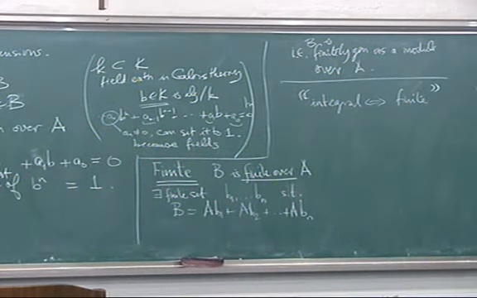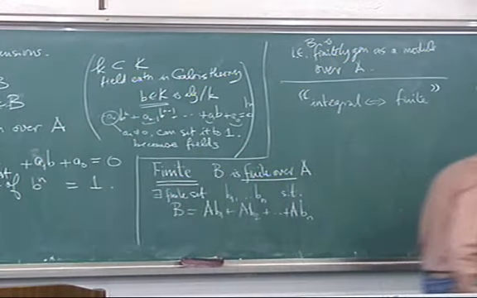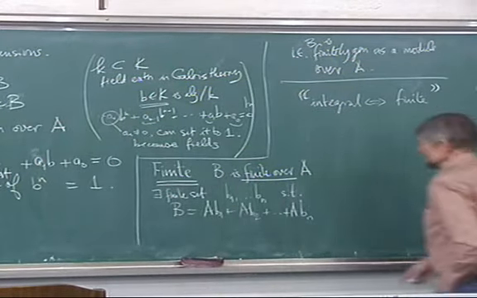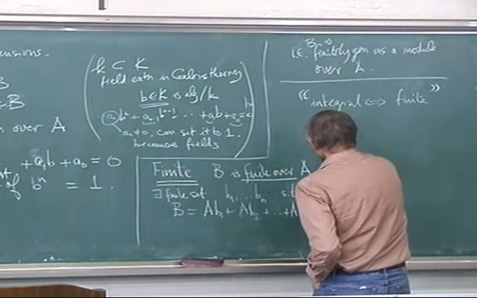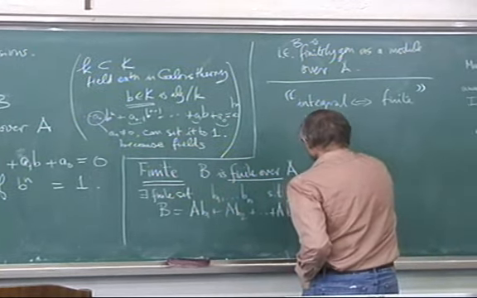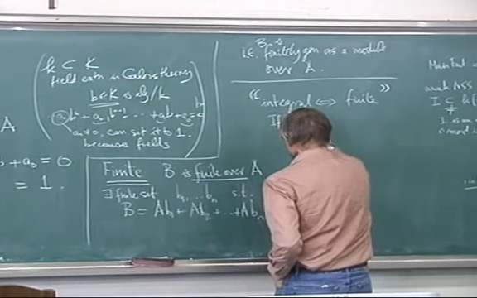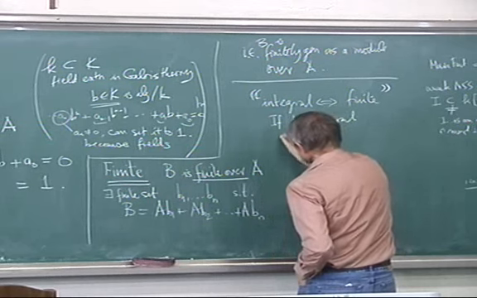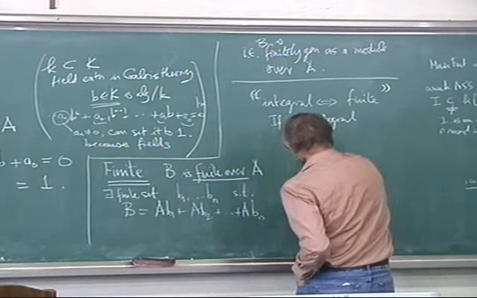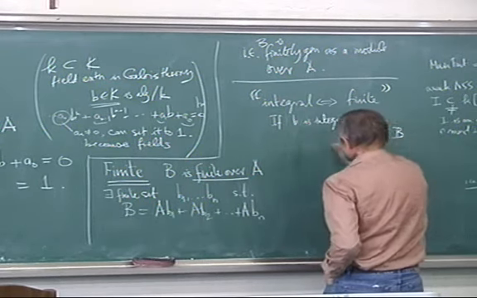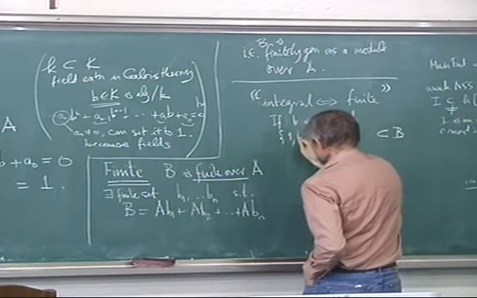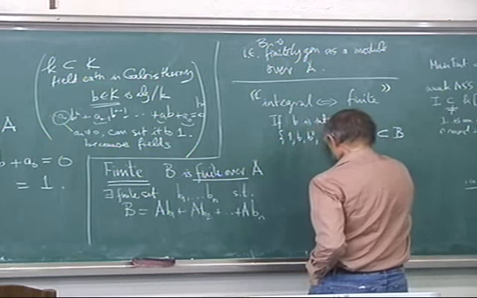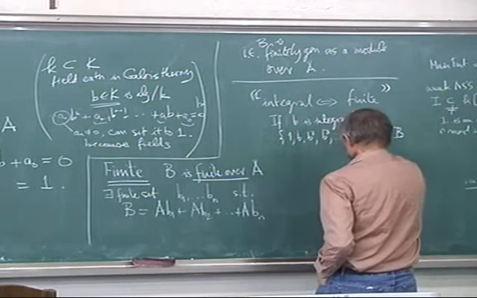So you use exactly the same trick when you do Galois theory. I've got a field extension. So one way is if B is integral, then inside B I can write down 1, B squared, B cubed, and so on, up to B to the n minus 1.